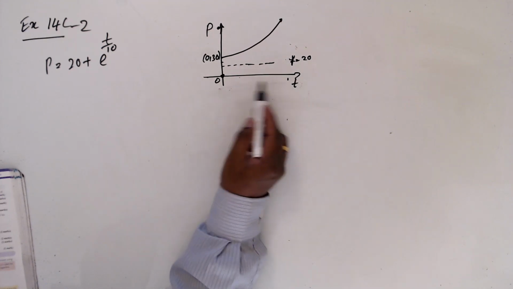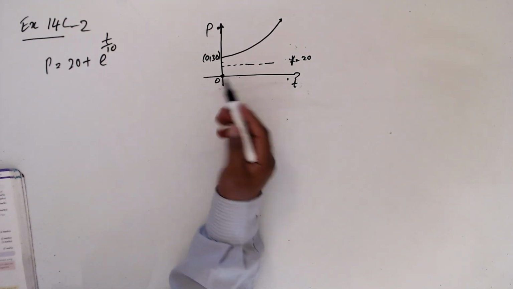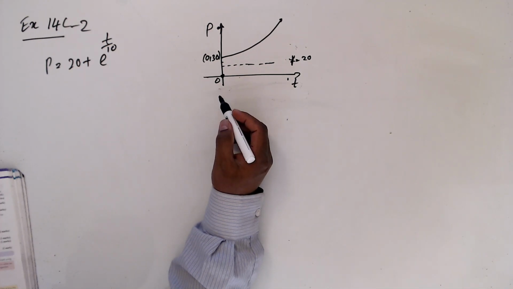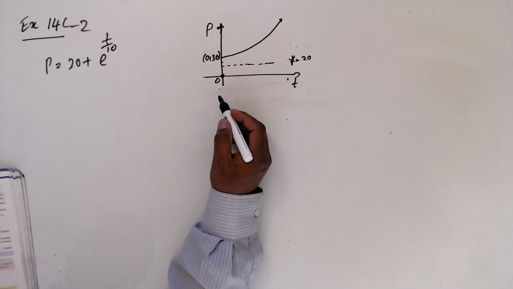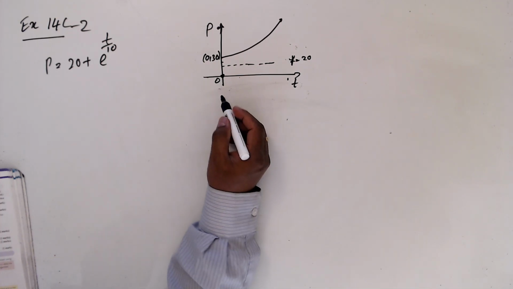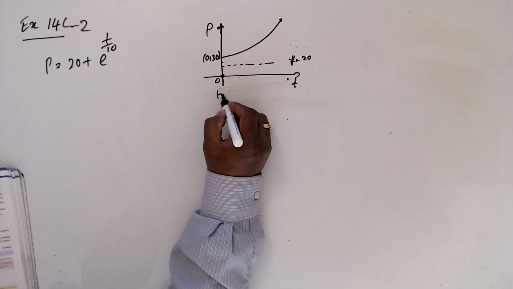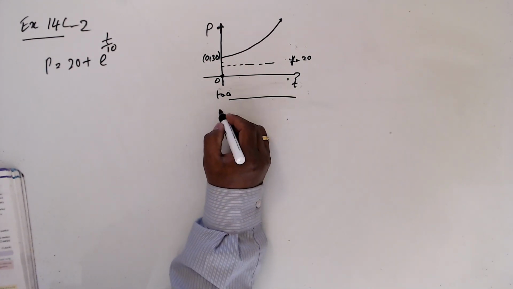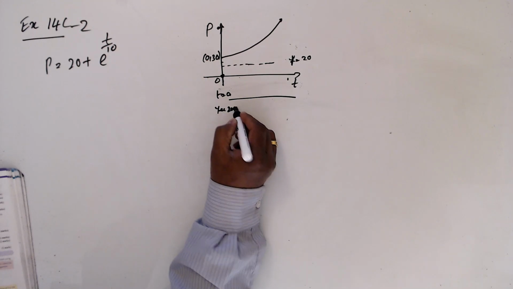Okay. T equals 0, what is the real meaning of T equals 0? P is the population in thousands, I am reading the sum, and T is the time in years after 2000. It means when T equals 0, in this sum they are referring to the year 2000.